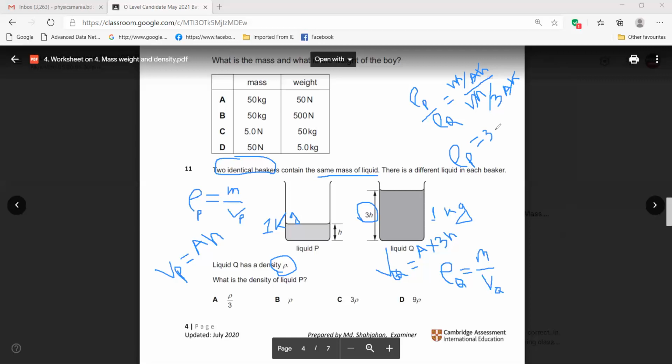For Q, they gave the density rho, so we can replace rho Q as rho. So here we are getting the density of P, rho P equals 3 rho. Is this clear?